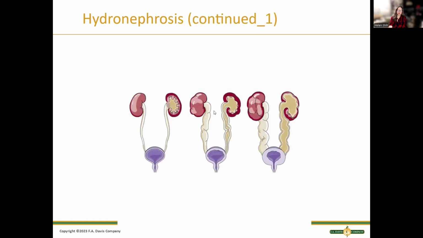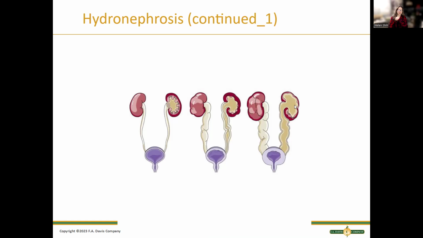And so this would be hydronephrosis, in which there's a lot of water logging in all of the organs of the urinary system. And then on the right, you just have an even worse picture of hydronephrosis, in which now you have very thick walls of the bladder. The walls of the ureters got thin again, but that doesn't mean that they don't have a lot of water backing up into them.